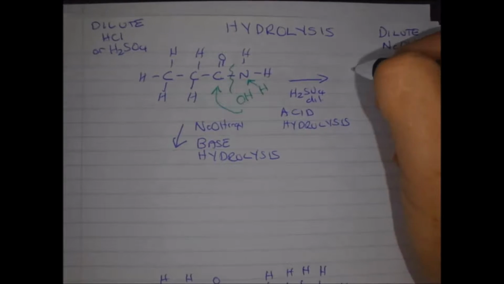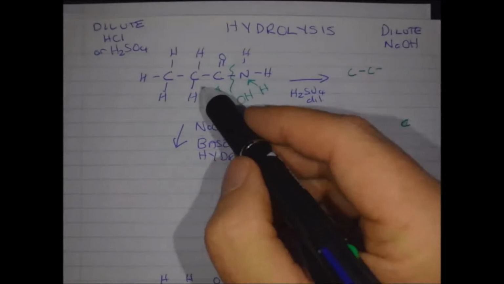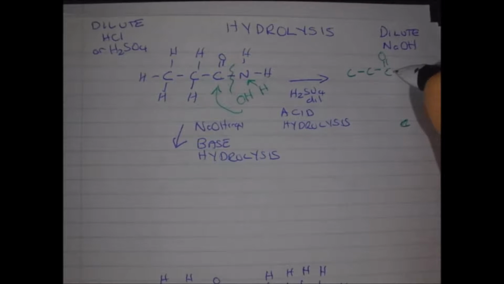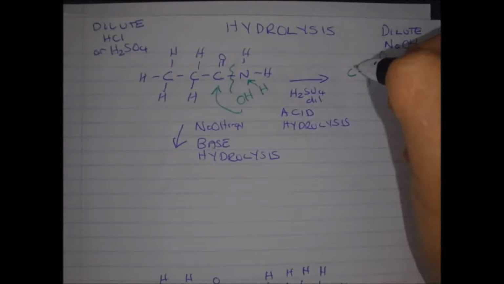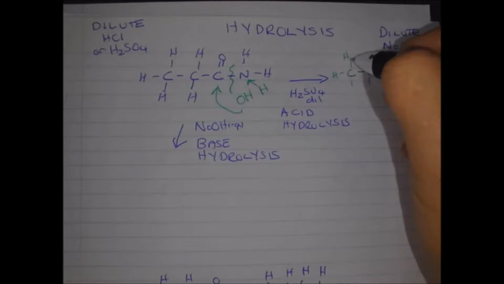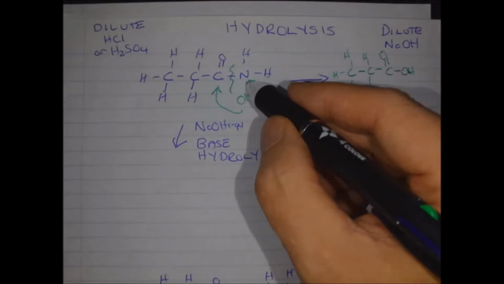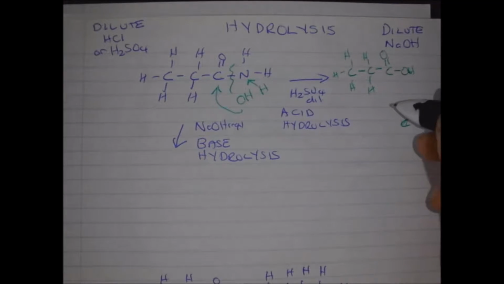So if I was to copy out this on this side for the acid side, I do 3 carbons in a row with double bond O, and I put the OH back in. And we have the NH2, and we put another H back in, so we have that being NH3.